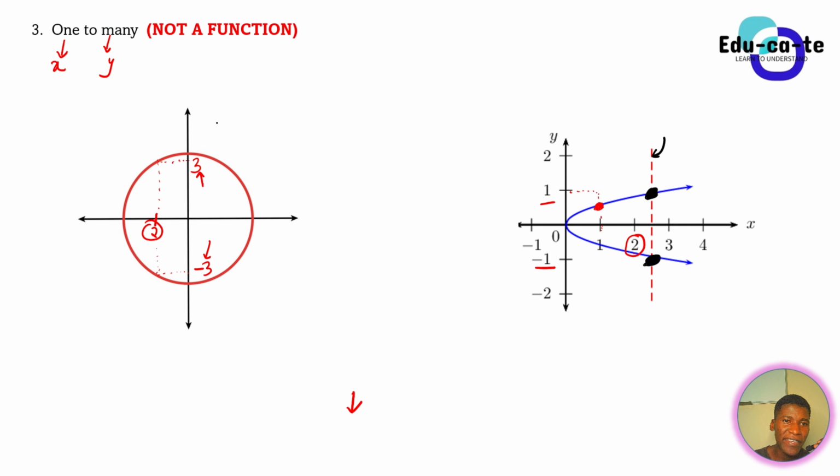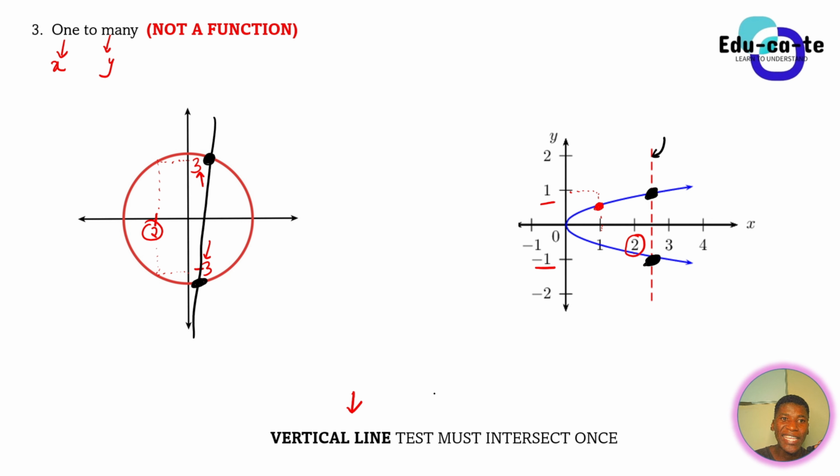If you put a vertical line on this circle, which we say is not a function, it intersects at 2 points. At this point there's an intersection, and at this point the graph also cuts the line. So a vertical line test must be employed to test if this is a function or not a function.